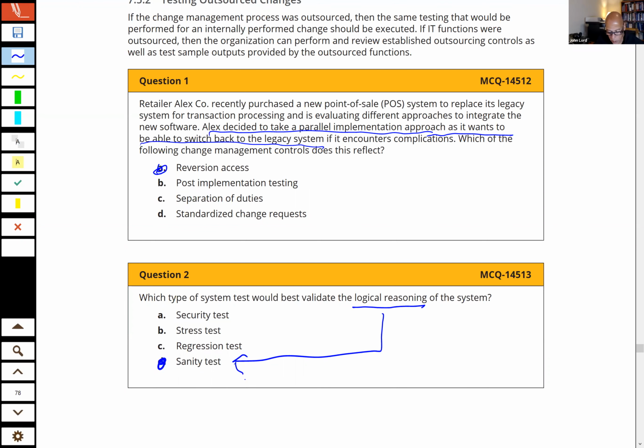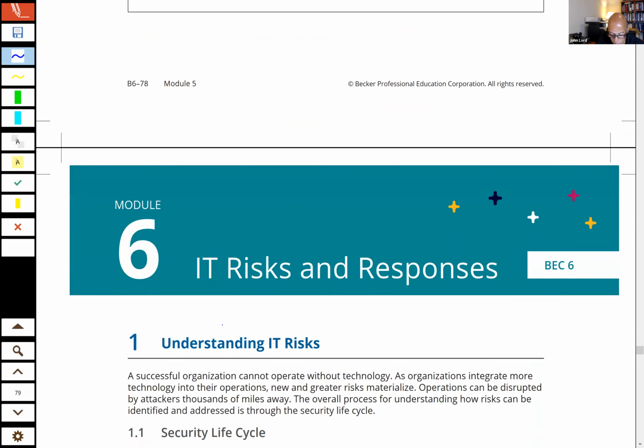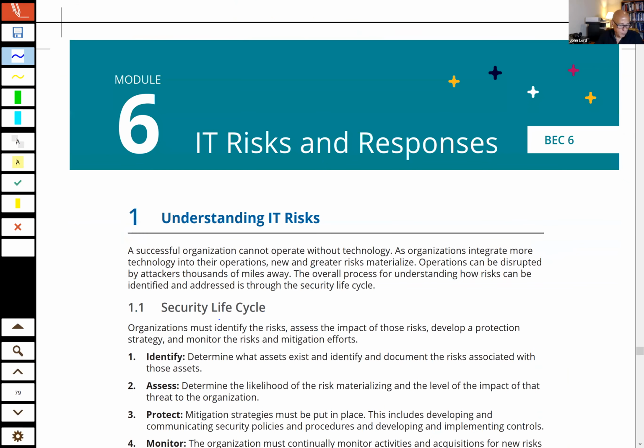Okay, good. Let's go ahead and take a look at module 6. And I apologize for the long chapters. I really don't think it's right for them to give us a 100-page chapter. So I don't know, maybe we'll finish this tonight.